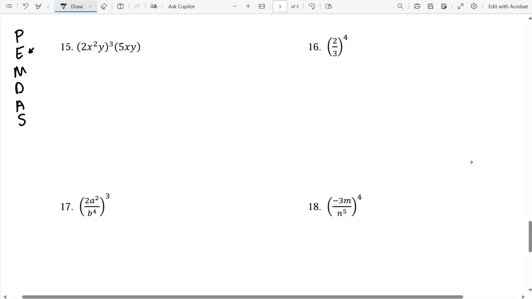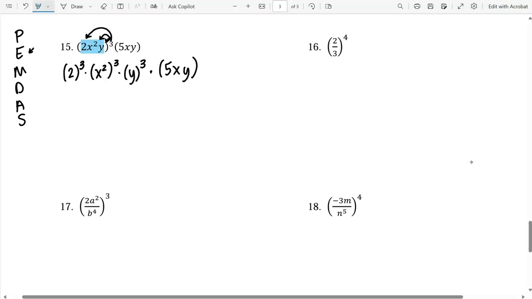Then I'm going to deal with any exponents. It's in this step that I would take my 2x squared y and distribute that outside exponent in. So I would have 2 cubed times x squared cubed times y cubed. But don't forget that I still have a 5xy tagging along.